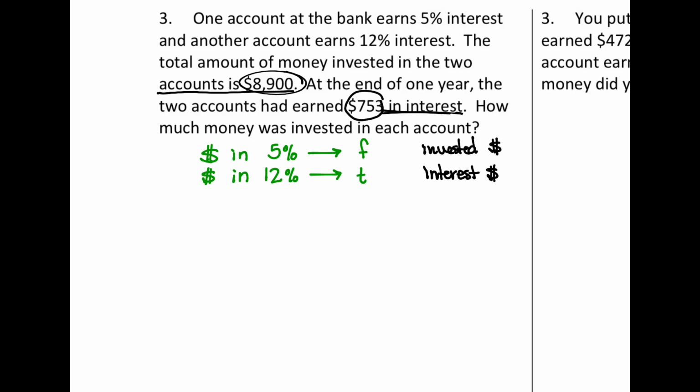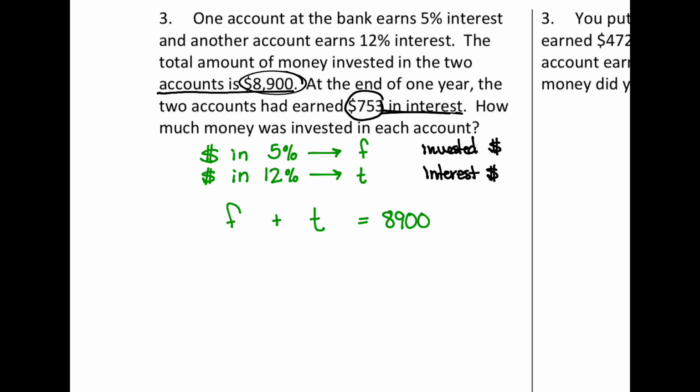We know that the amount of money invested is going to be the money that we put in here plus the money we put in here. So F plus T is equal to 8,900. Now, the money in the F account, you earn 5%.